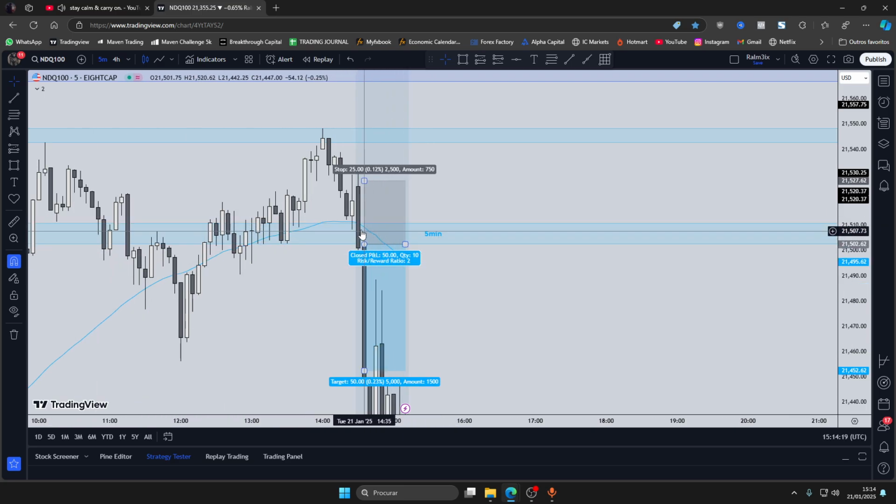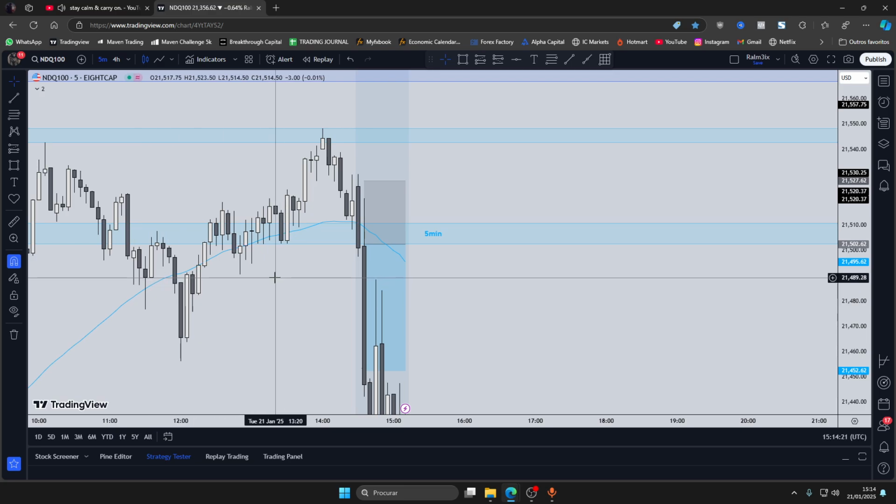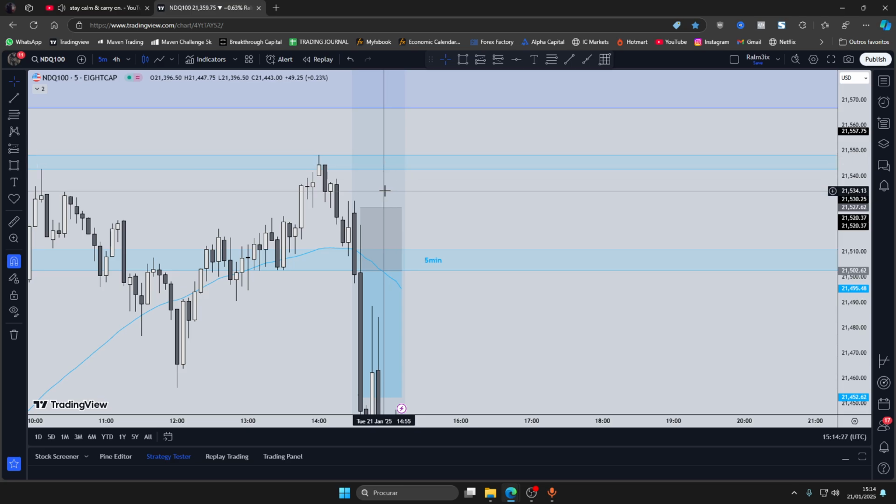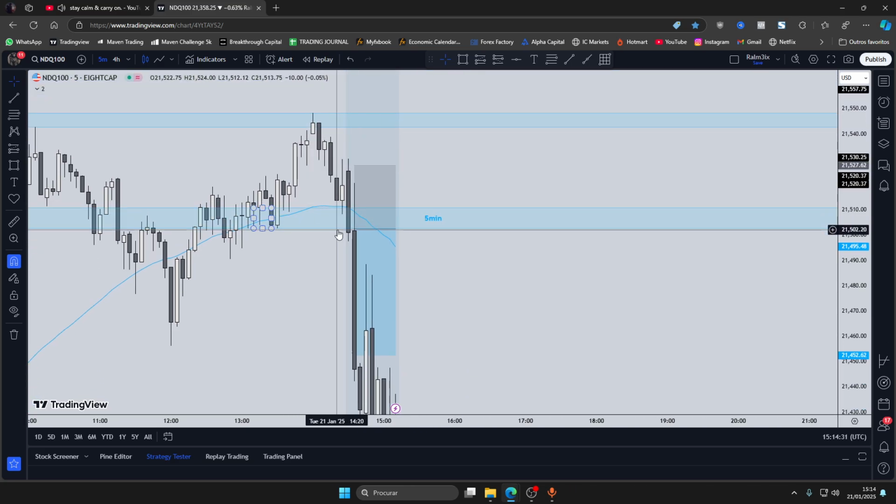This moving average is so clean, because if price is above, I only look for buys, break and retest to buy, but because this zone here is below the moving average, I can sell.